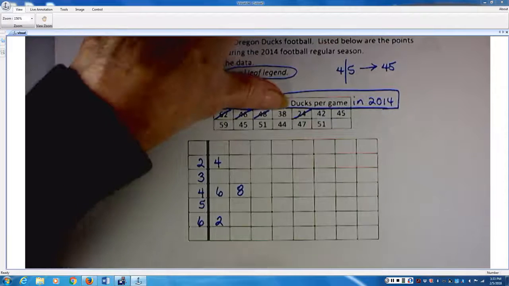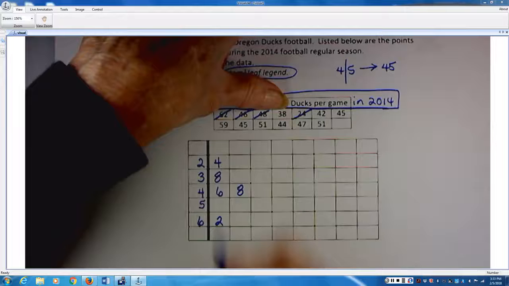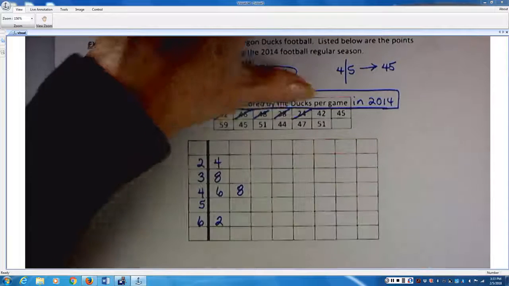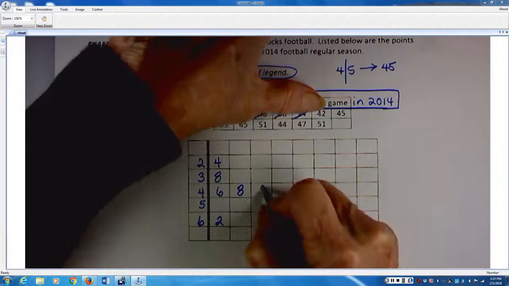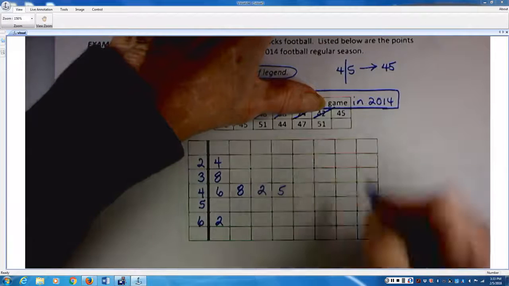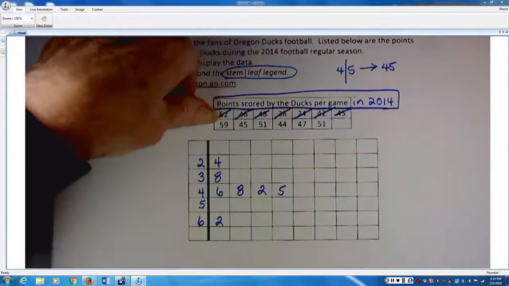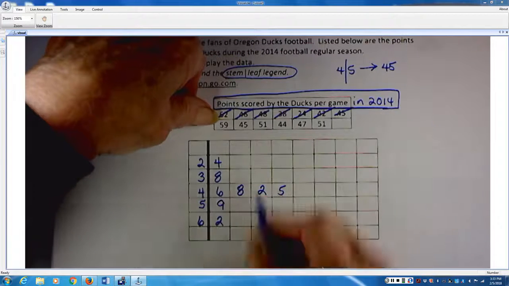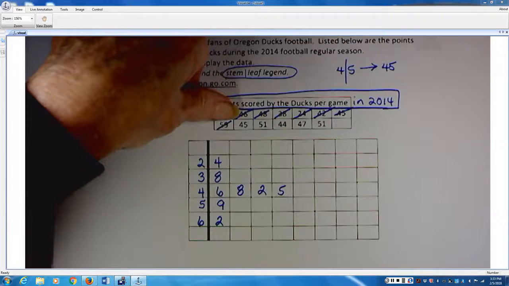But the 38 belongs with the 30s. And the 42 belongs with the 40s. And the 45 belongs with the 40s. The 59 belongs with the 50s. The 45 goes up there with the other 45.